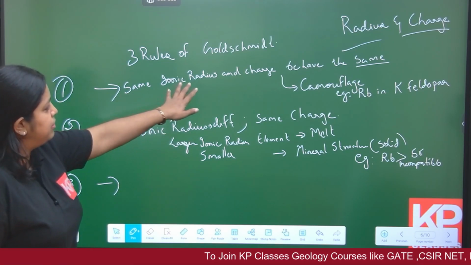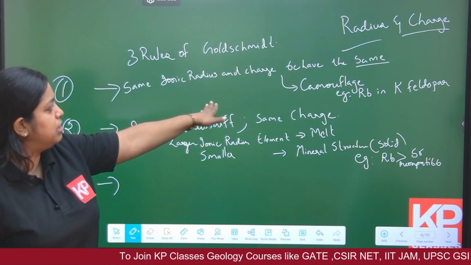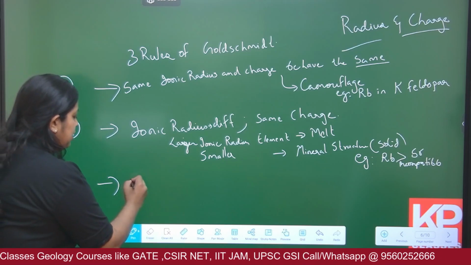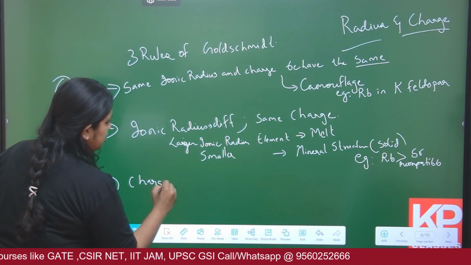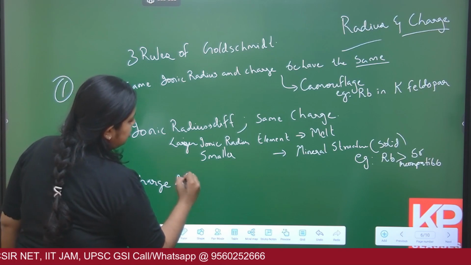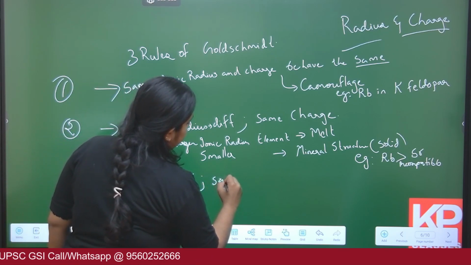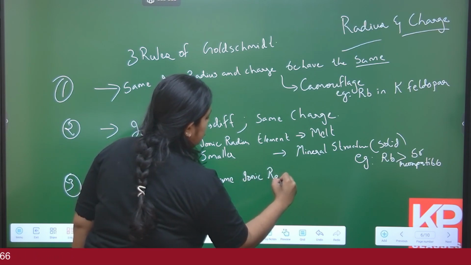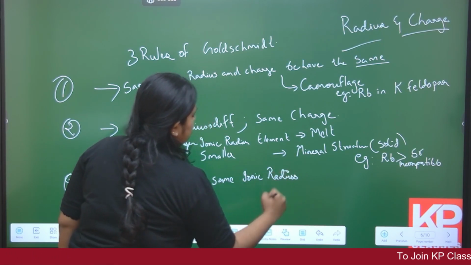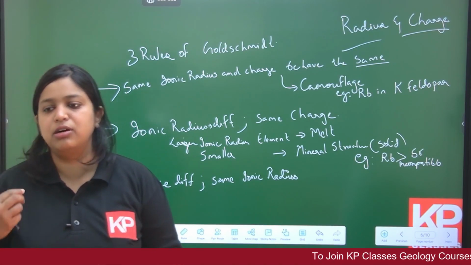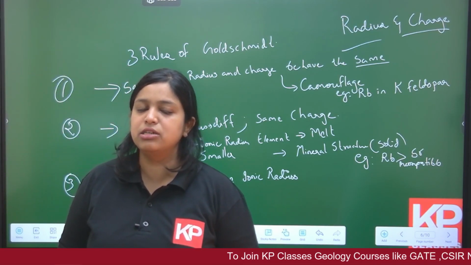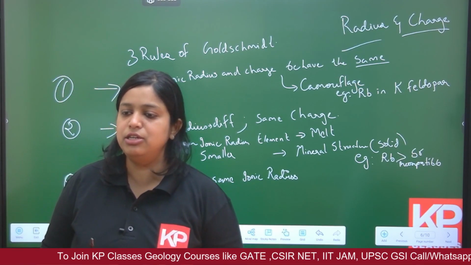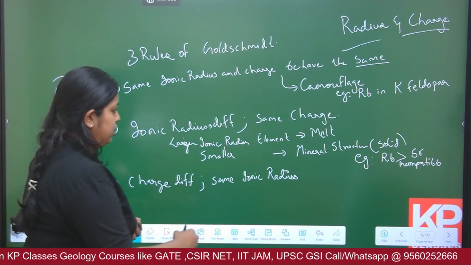First we said both radius and charge are equal. Then the ionic radius is different and the charge is the same. Now obviously the charge is different. Two elements that have different charge but the same ionic radius or same size. So what will happen in this case? The element with the higher charge will get into the solid over the liquid.